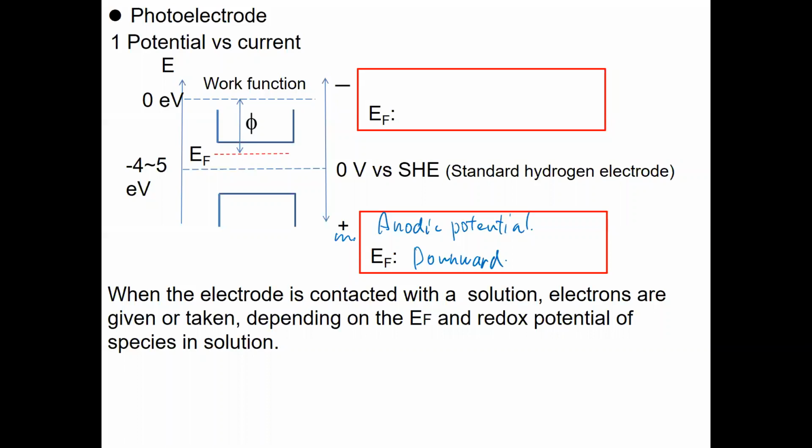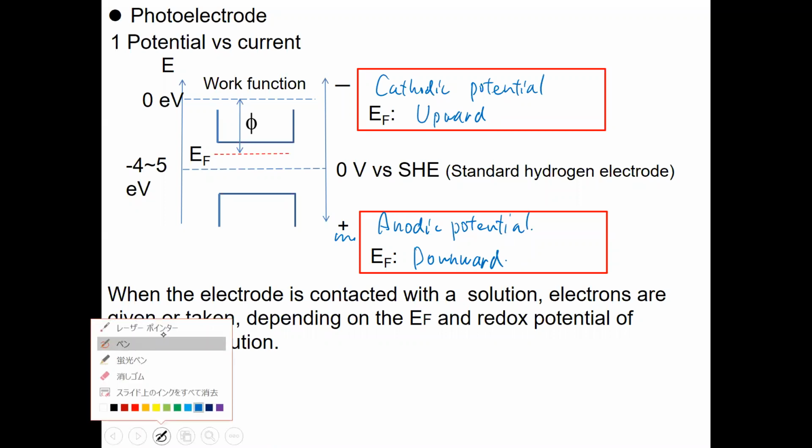And oppositely, if you apply the negative direction, it's called the cathodic potential. So in this case, Fermi energy moves upward.